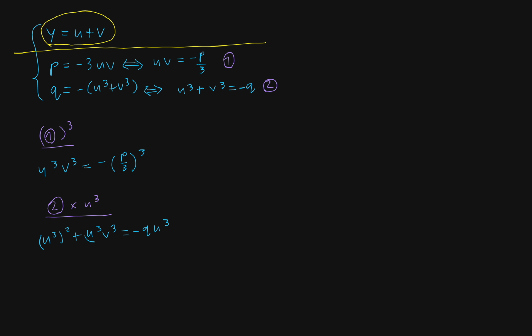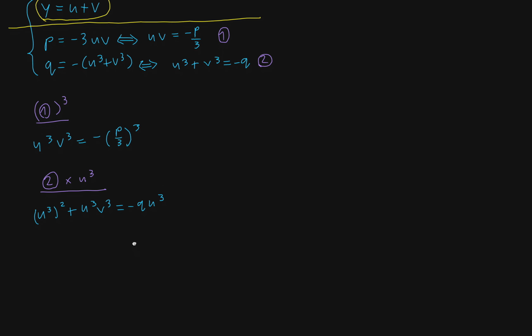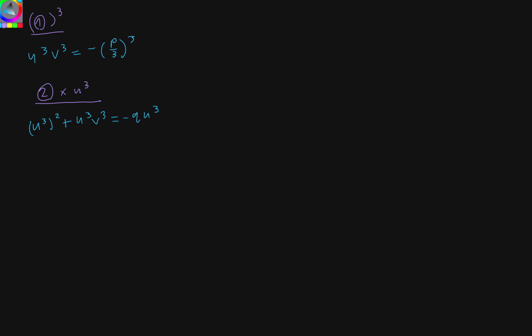And we can see here that we have u cubed v cubed like in the first one, so we can substitute that in. We're going to sub u cubed v cubed is equal to -(p/3) cubed in equation 2.